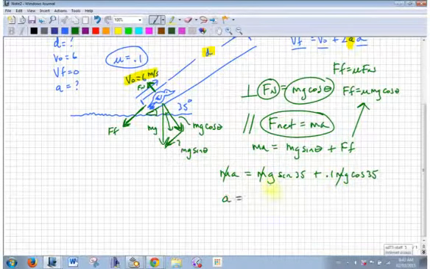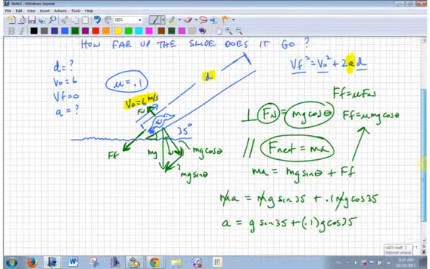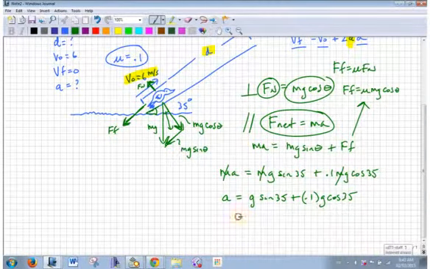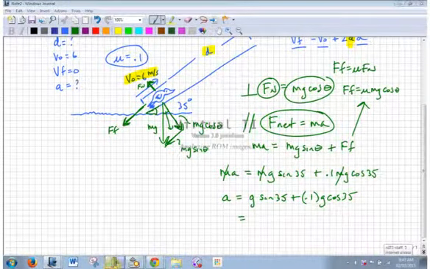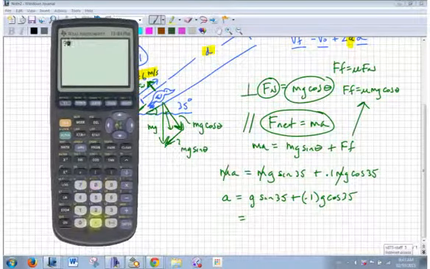And a is g, well, let's not even, we know it's 9.8, right? g sine 35 and 0.1 times g cosine 35, that's nothing but numbers, isn't it? So feel free to put that in each question. It's in the question. It's a 2-kilogram penguin, but you know, why bother? Okay, and I could factor out 9.8 if I really wanted to impress someone.